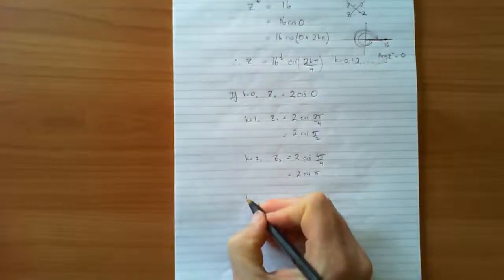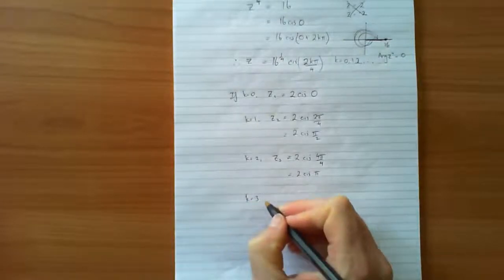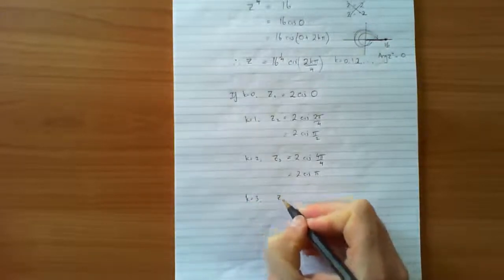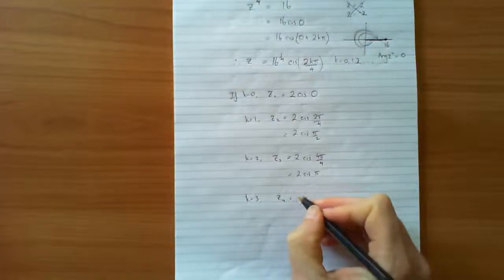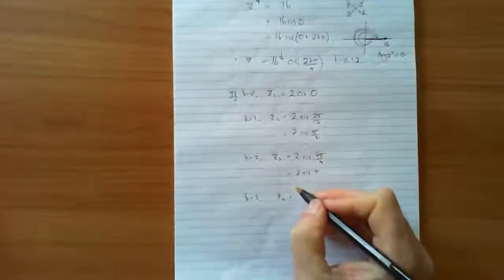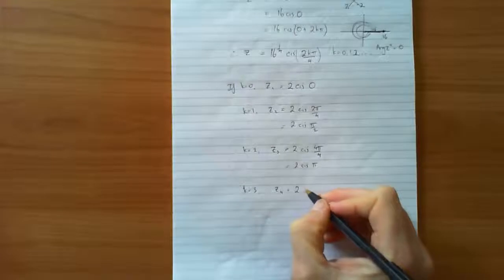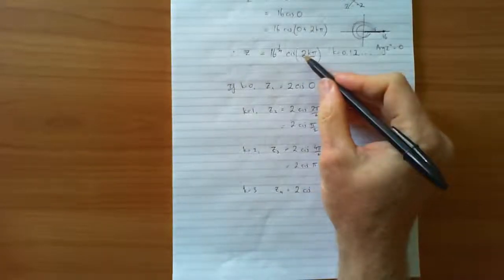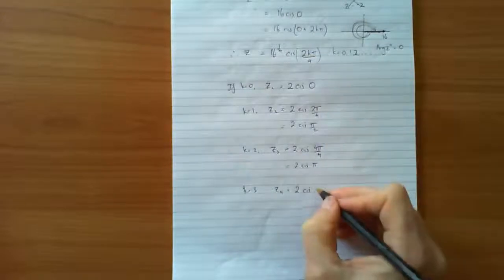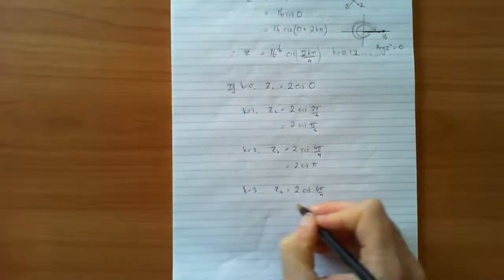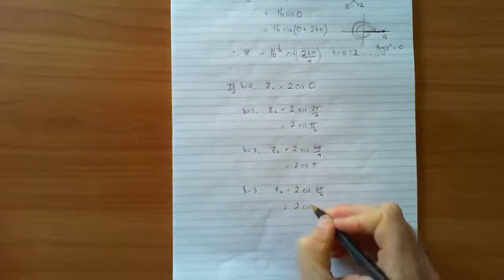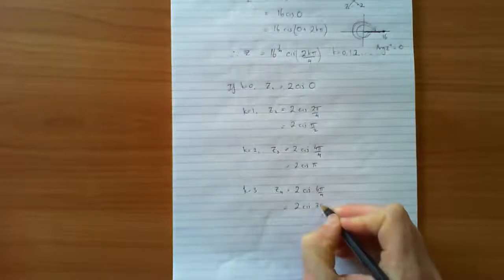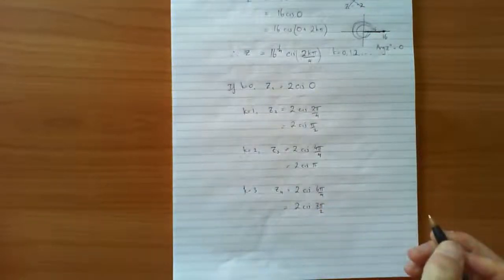Our fourth solution, k equals 3, z4 will equal 16 to the quarter, which will be 2, cis, k equals 3 will be 2 3's are 6, pi on 4, which is 2 cis 3 pi on 2.